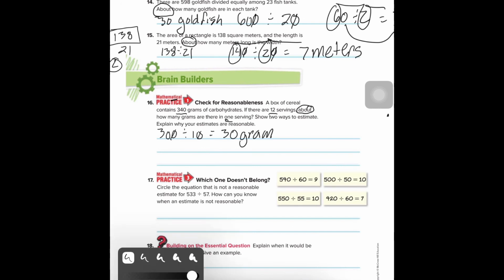All right, next thing it's asking is it wants to know if it's reasonable. Well, yeah, because 30 times 10 equals 300.